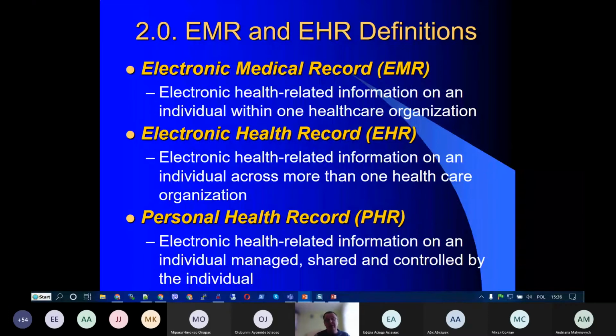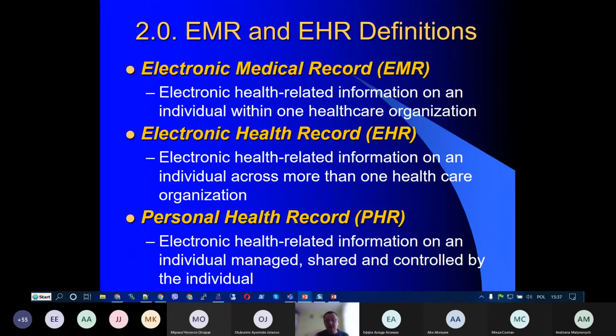With the ability to exchange information between various facilities and integrate records from other healthcare facilities, we can talk about the electronic health record. It is electronic health record information on an individual across more than one healthcare organization. So we aggregate and summarize data from multiple facilities. And once we grant a patient access to this data or any part of it, the part which the patient can access is covered by the personal health record.